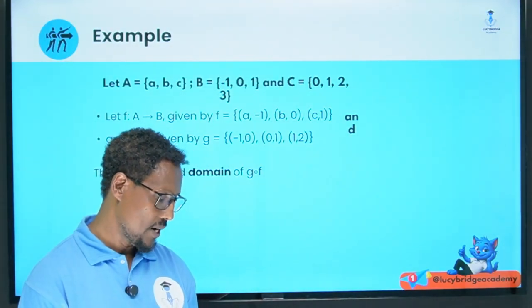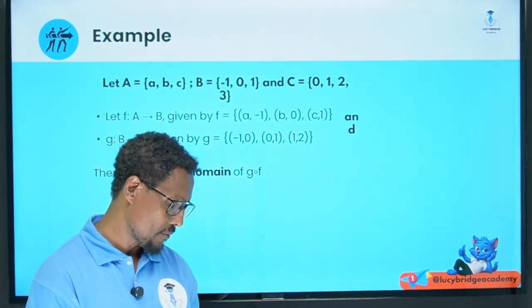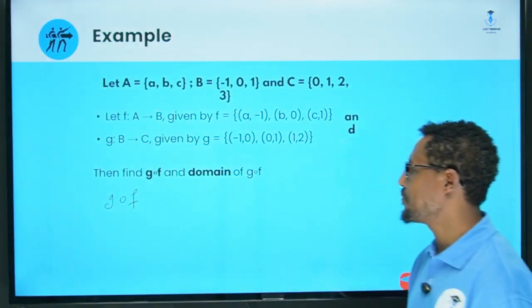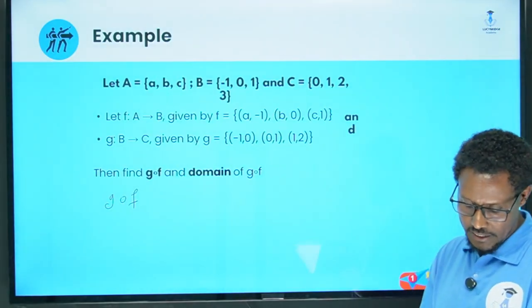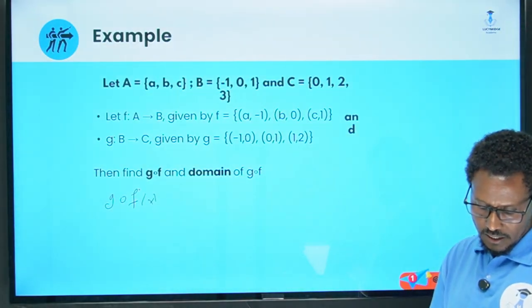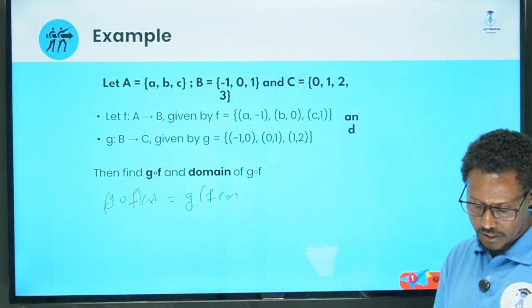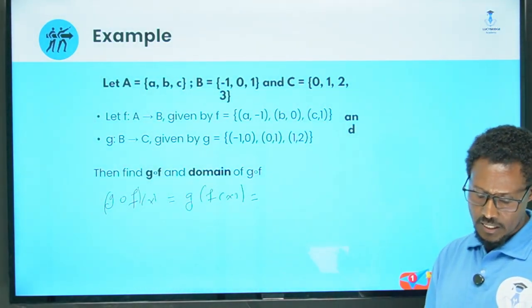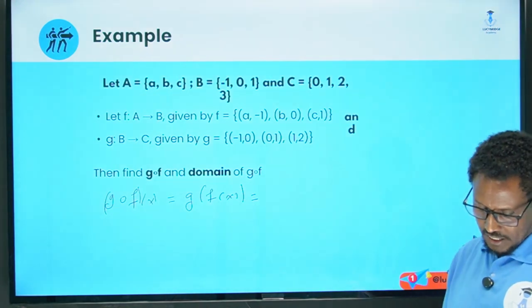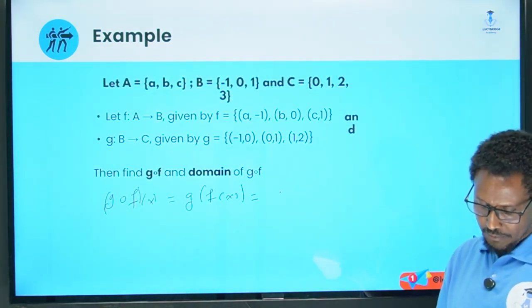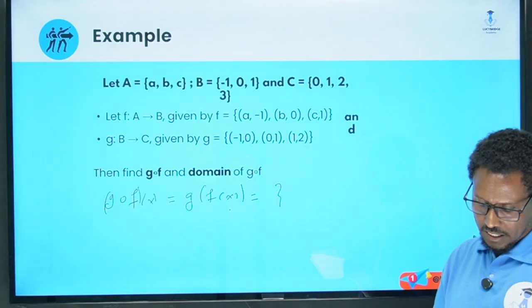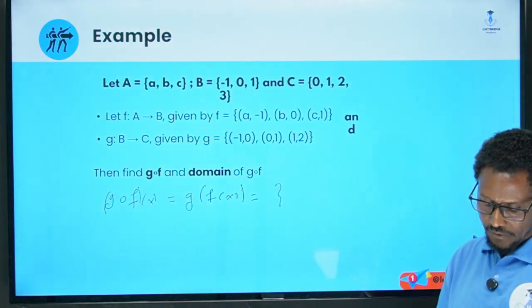Okay. All right. Let us see the graph of g circle f. Okay. Graph of x means, which is equal to g of what? f of x. All right. Now this means ይሄ ማለት x, f of x.